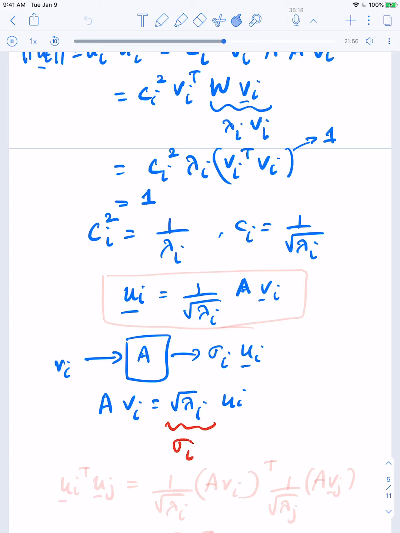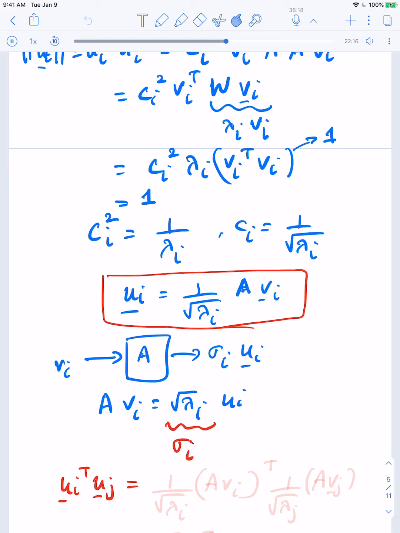So let me just do the same calculation. So I've just said this is what I need to normalize U. These are normalized to unit norm. Now let me look at the inner product between two of these, Ui and Uj, for i not equal to j. So what is it?